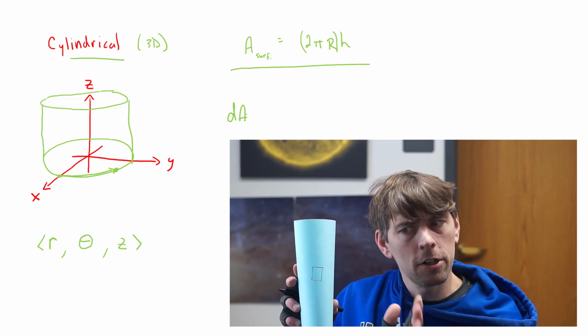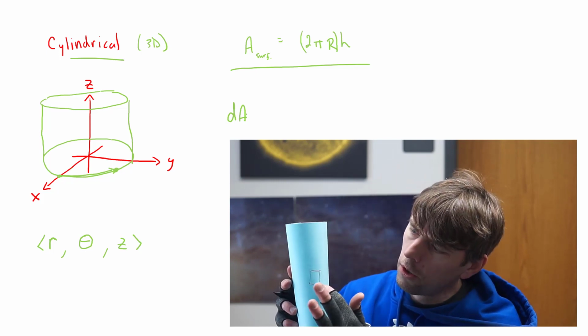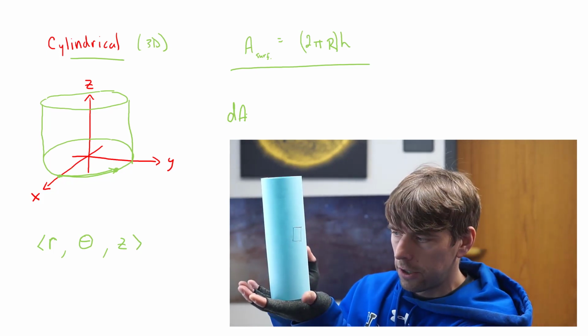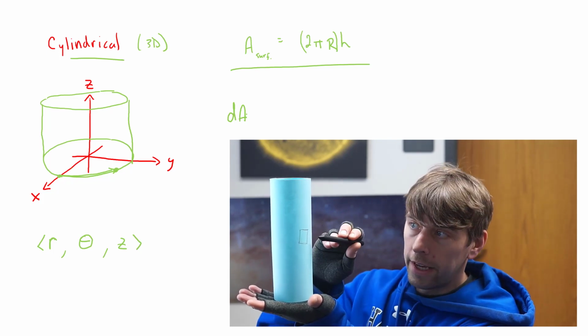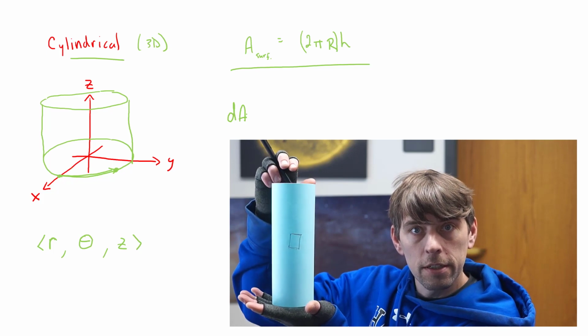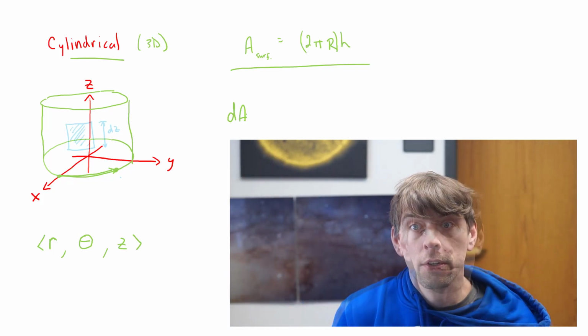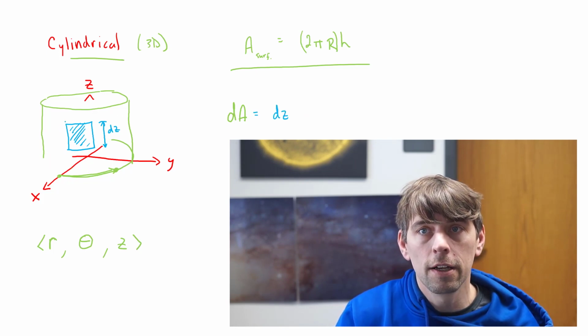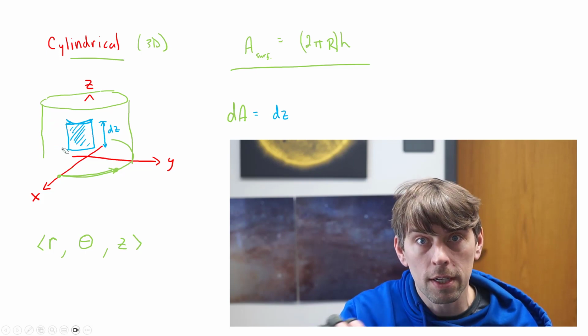Now, if we're thinking about our cylindrical coordinate system, we know that we have the XY plane, that's the base of the cylinder, my hand. And so a tiny step in this direction is simply dz. The problem I have is, unlike what you see here in the picture, or maybe I need to emphasize it a little more, that piece at the top, this piece at the bottom, they are not straight lines.